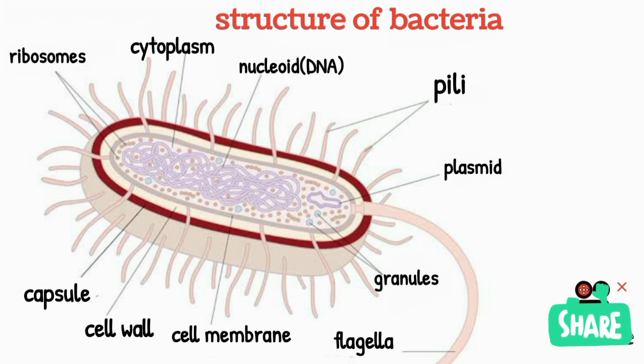Just inside the cell wall we have the cell membrane, another essential component, the nucleoid having DNA, and ribosomes. These are essential components, whereas the non-essential components are additional structures which may be present in some bacteria: capsule, and inside the cytoplasm plasmids and granules, and then pili and flagella, which are present outside the cell wall. These are non-essential components present in some bacteria, giving additional features to those bacteria.